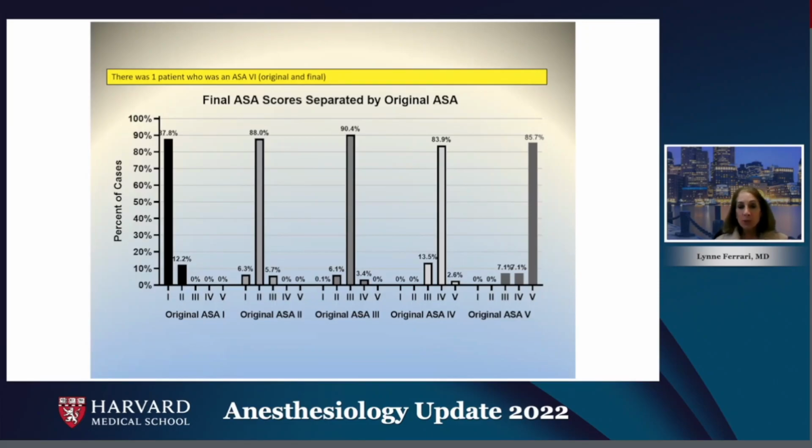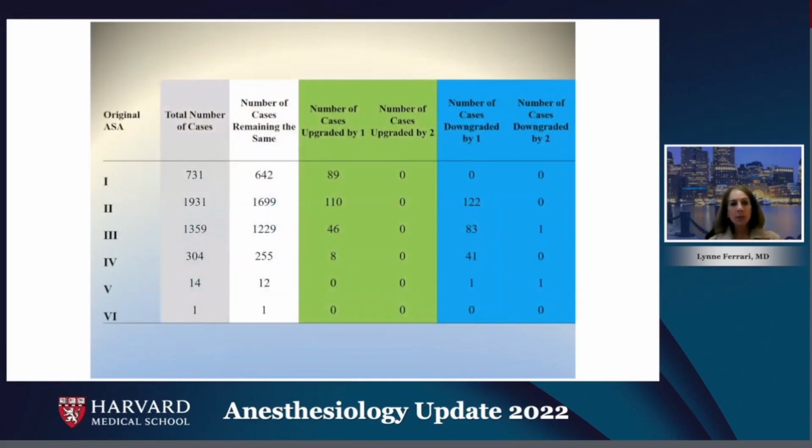But it is interesting, since this is such a subjective measure, to see how clinicians use this information. And you can see here that if you look at the number of cases, for ASA 1s, a large percentage remained the same, but 89 were upgraded.